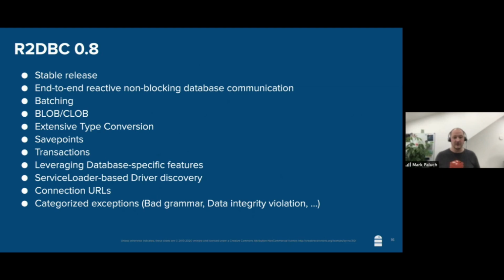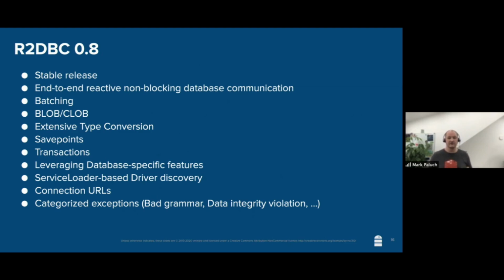R2DBC drivers get discovered from the classpath using the service loader mechanism. We have connection URLs to simply specify the connection endpoint through a URL. And the URL is standardized, which is different compared to JDBC, where every driver defines their own scheme.